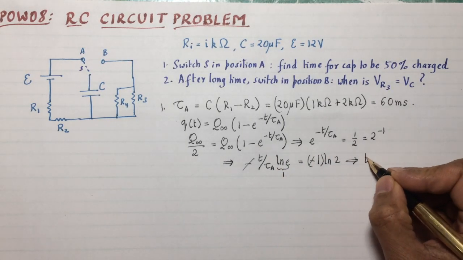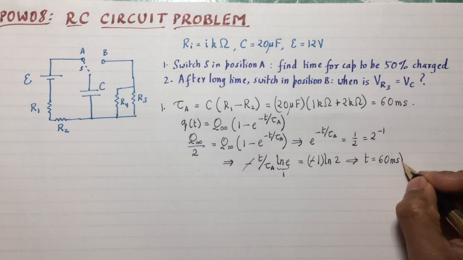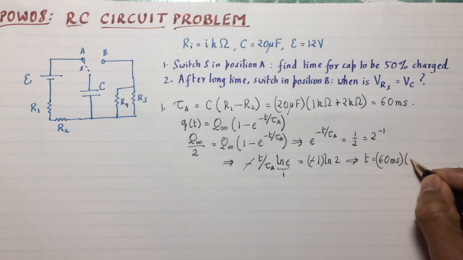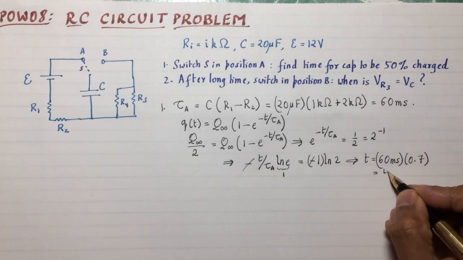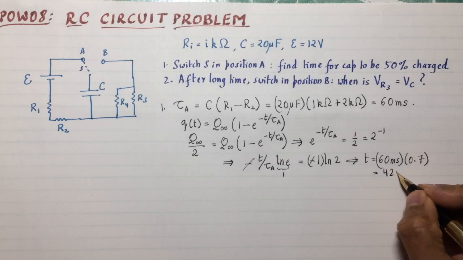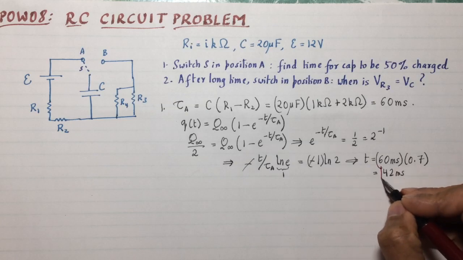So the time required is just tau A, which is 60 milliseconds, times natural log of 2, which I recall is something like 0.693. So I'll just say it's 0.7. And so that's going to be about 42 milliseconds. So that's the answer to the first question.